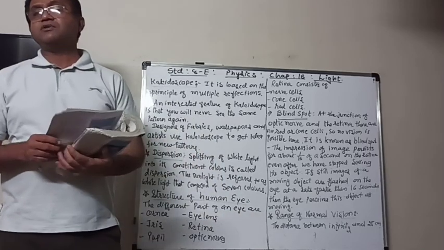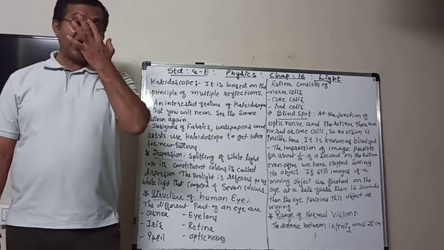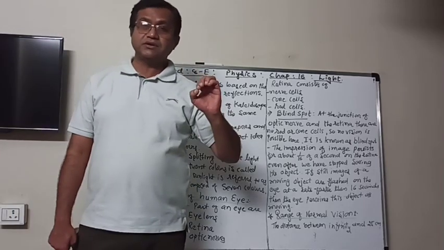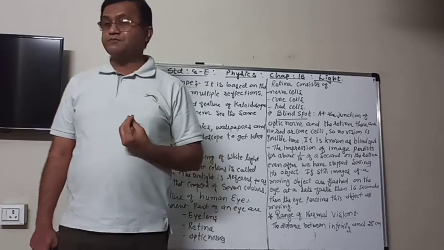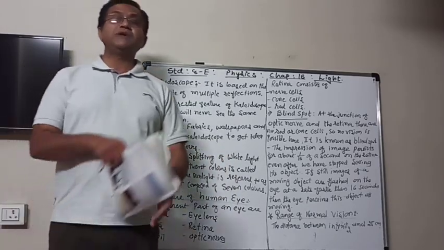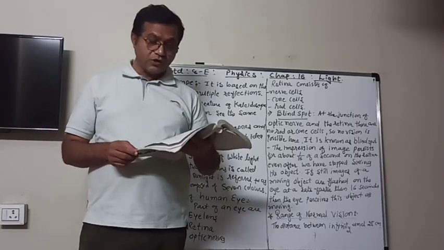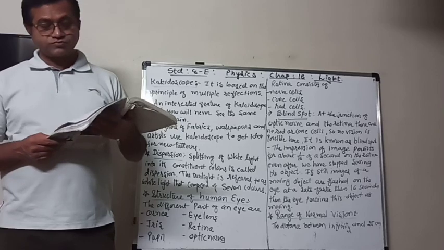Now we are talking about the structure of our eye. You know that our eye is a very delicate organ which is very sensitive, and it enables us to see the beautiful things around us. So now how do we see objects?